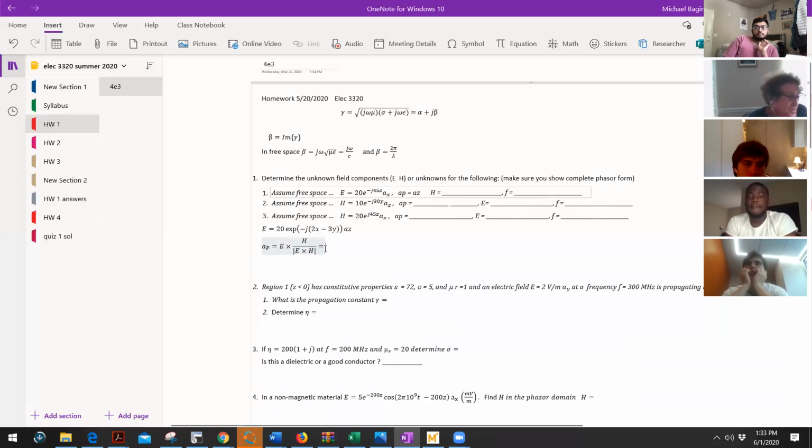All right. Now, if you're going to do this, because this is a fundamental question, if I wanted the H field from this, what would it be? Well, what would the H field be? Let's say it's in air, all right? H is equal to 1 over eta, right?